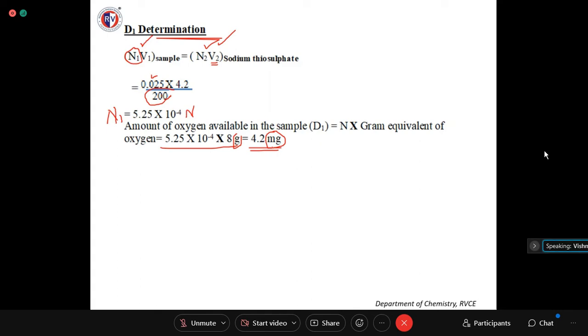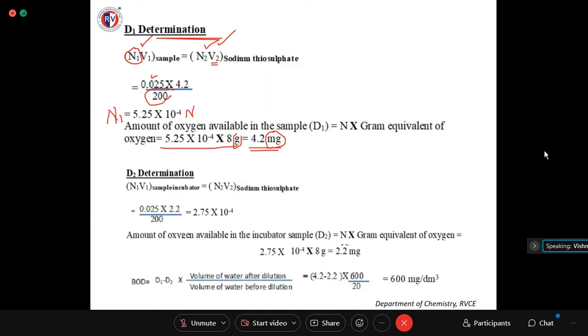Day 5. Same thing you extrapolate for day 5. Again, the water which is kept in incubation, 300 ml. In that you take 200 ml for titration. Same procedure you follow. That means you will be getting 2.2 ml as a titer value. Why? Because I already told here 4.2, here 2.2.